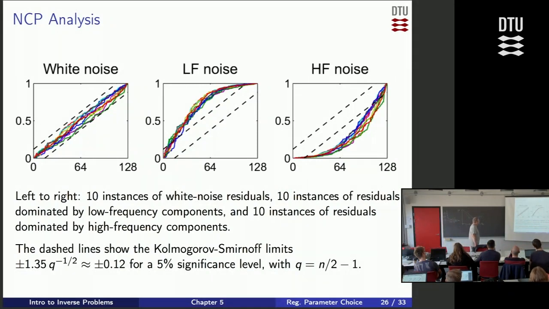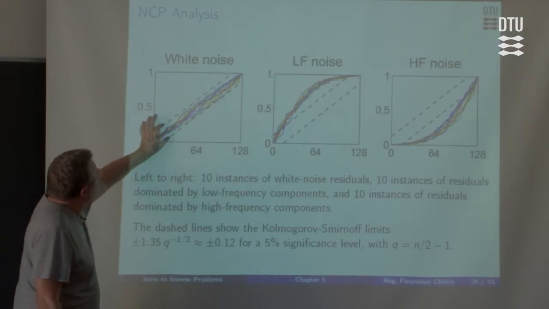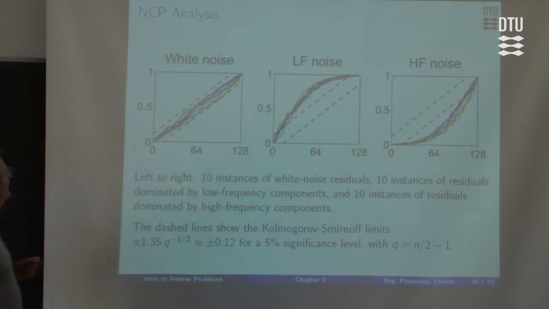And in fact, statisticians can tell us much more. For example, we can introduce something called the Kolmogorov-Smirnov limits. They are defined right here at the bottom. And they define an interval around the straight line in the middle.